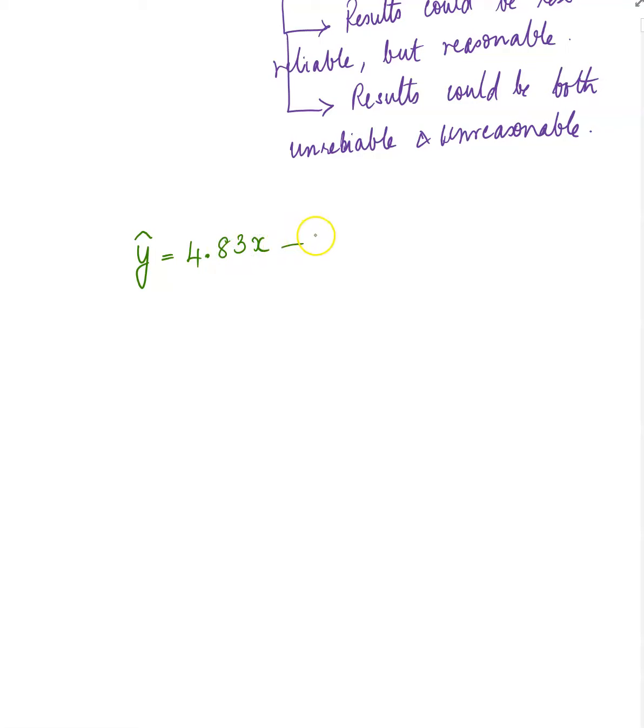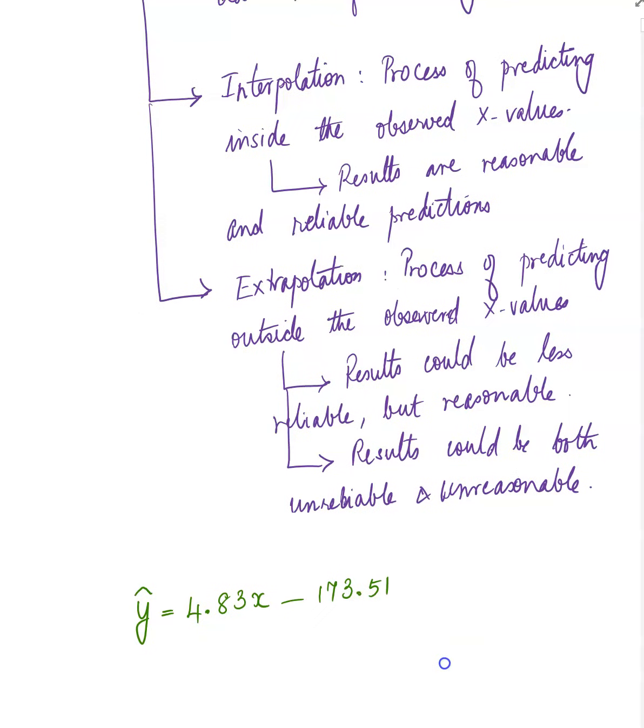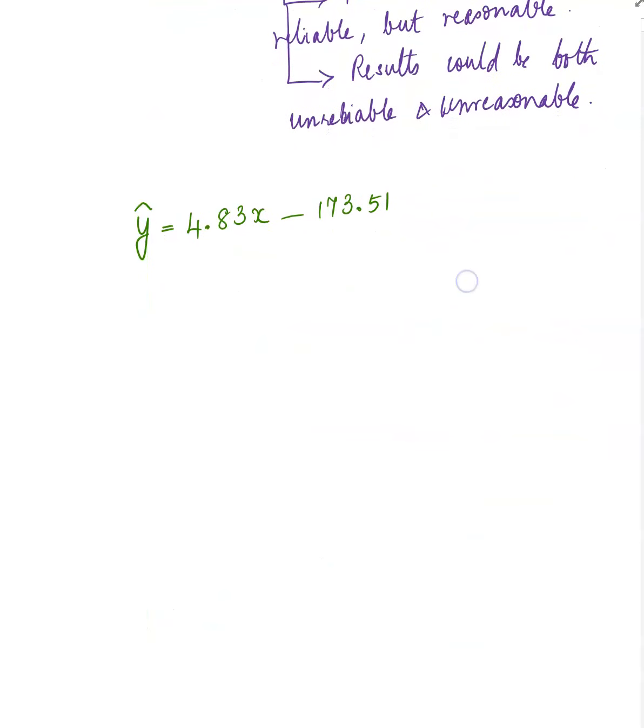It is the same thing as y equals mx plus b, but remember, the notation is what tells us how we got this. We got this as the line of best fit, where most of the points pass through it, and the points that do not pass through this line are hovering very close to that line. So we have two kinds, right? We just saw interpolation and extrapolation. So I want to start with interpolation.